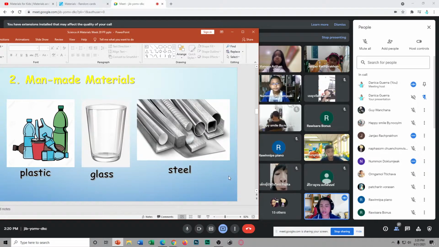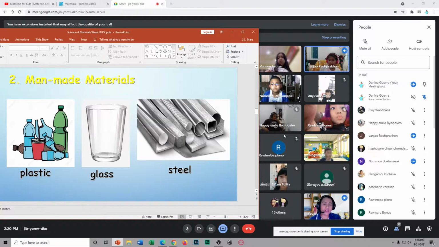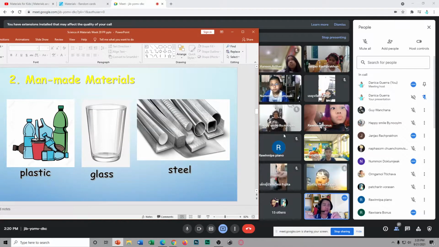Another one is glass. Glass is made of sand. And also steel. Steel is made of usually stones, special stone, special kind of metal. And then they mix them together, they process them so that they will be long steel.